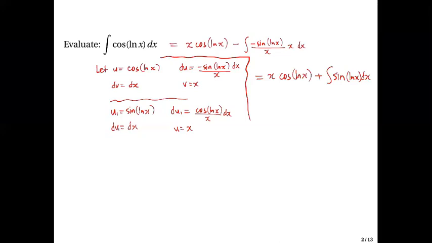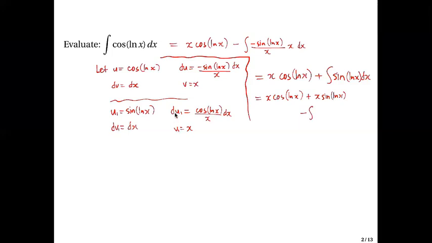So continuing, we just copy this part here. We have x cosine of ln of x. And then for this, we use these substitutions. So plus u1 v1, so we have x sine of ln of x, and then minus the integral of v1 du1.